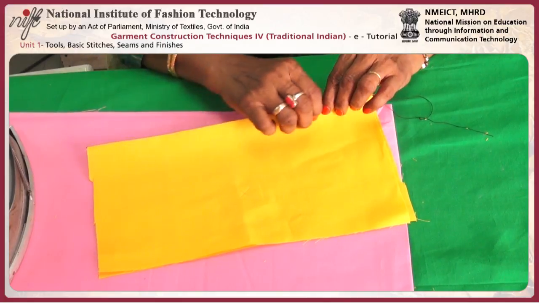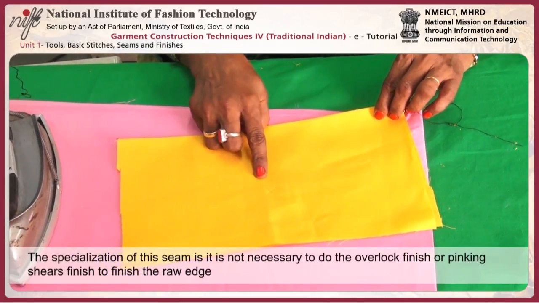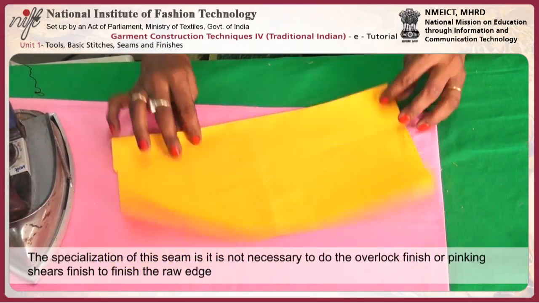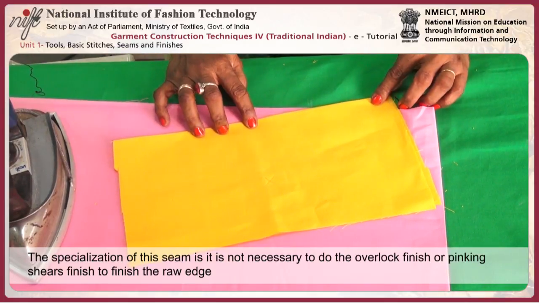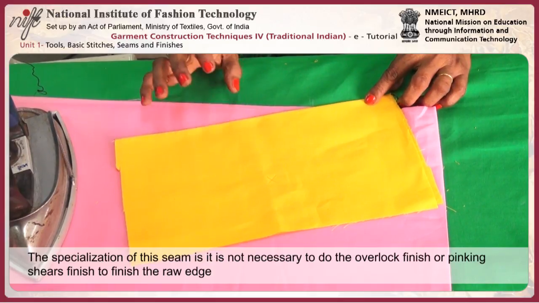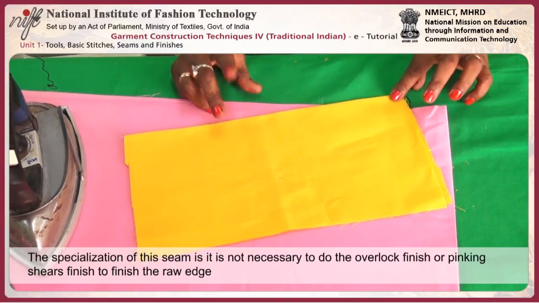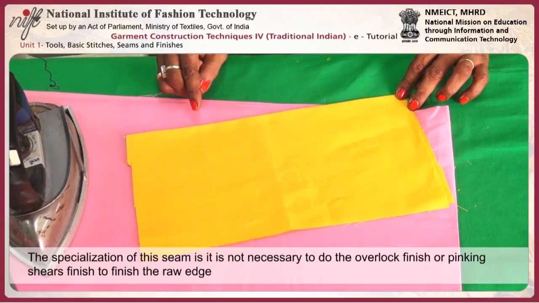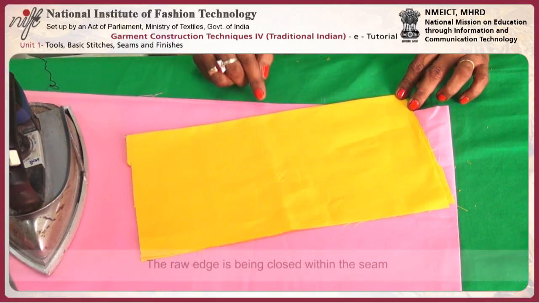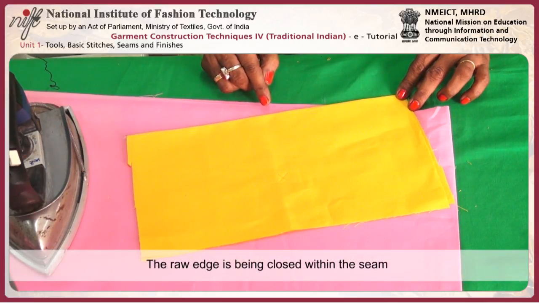So this seam is now being closed at the wrong side by doing the back tack at the start and the end. The specialty of this seam is that it is not necessary to do an overlock finish or pinking shear finish or any kind of finish to finish the raw edge. The raw edge is closed within the seam.